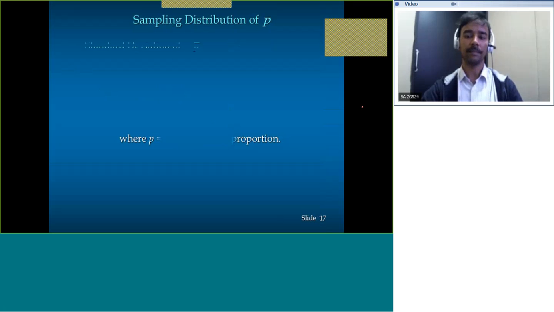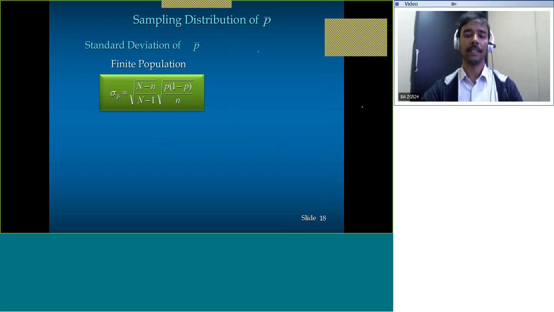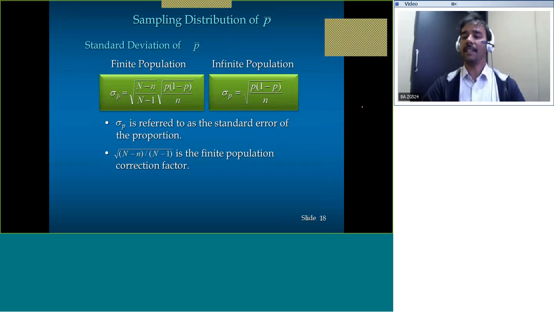And I'm calculating the variance or the standard deviation of the random variable P bar, the test statistic. So for finite population, the standard deviation of P bar is square root over (N minus n) by (N minus 1) into square root over P into (1 minus P) by n.